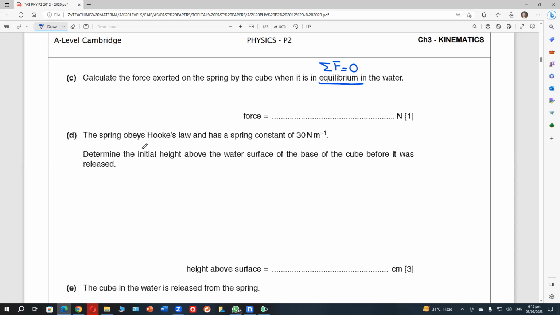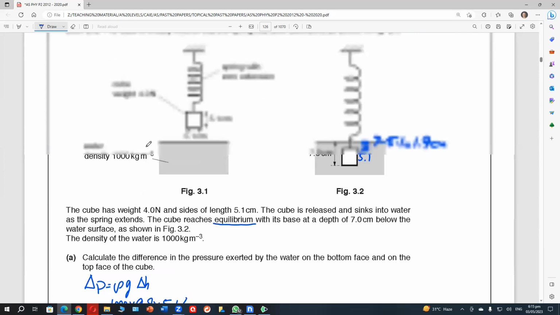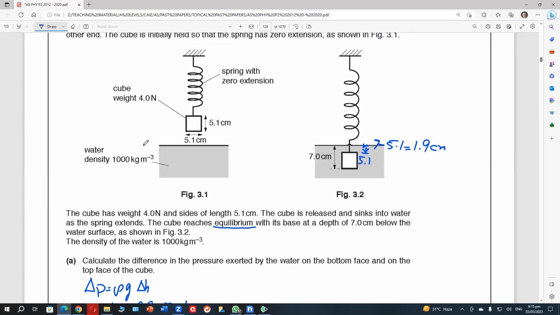We know the working is short because it's a 1 mark question. This is the initial part of the question. So we can use pressure is equal to force over area.